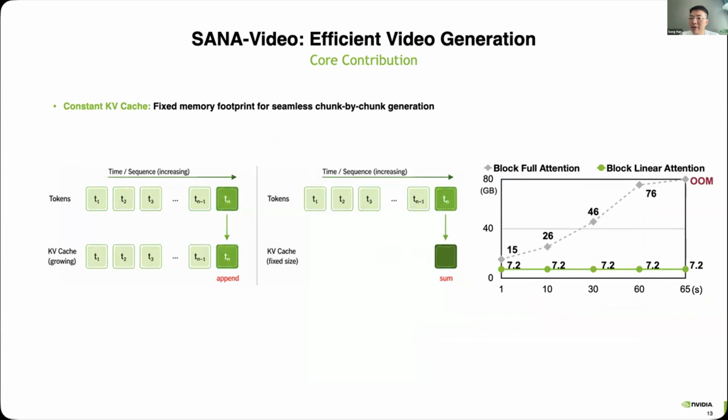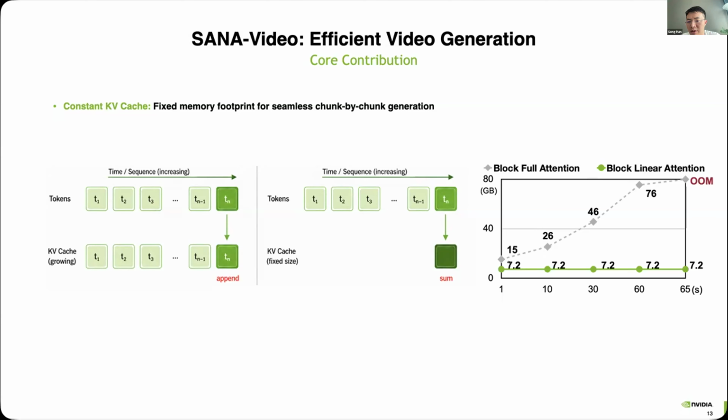And here, the second advantage of using linear attention is the constant KV cache. Using a fixed memory footprint for seamless chunk by chunk generation. So originally using softmax attention, the KV cache grows linearly. The more you generate, the longer you generate, the more it takes for the KV cache. And the size of the memory grows O(N) according to the sequence length. But using linear attention, we can use a fixed cache size to deal with the memory.